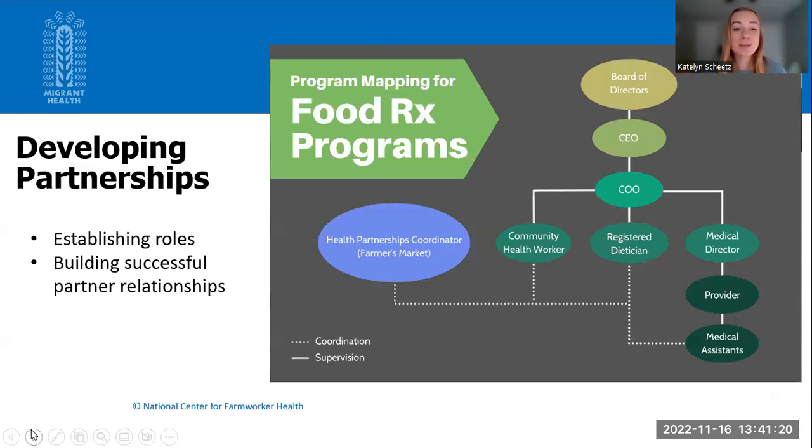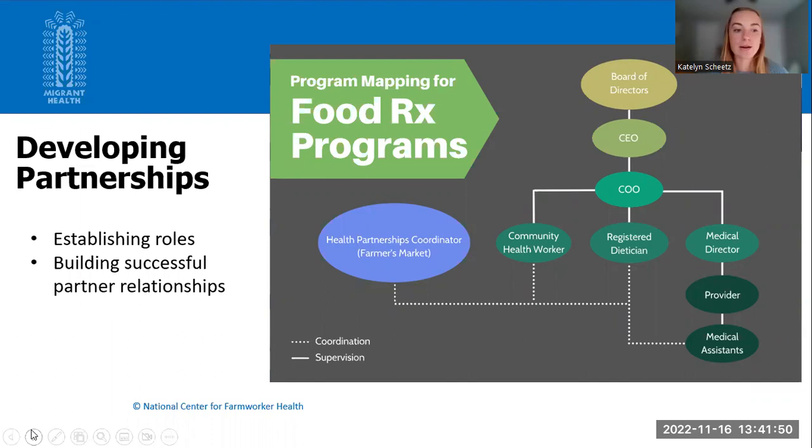This can be especially important if you don't just have two partners, but multiple partners, between the health center, the produce partner, educational organizations, funders. It can get complicated when there are so many folks involved, but having a clear program map can definitely help with that.